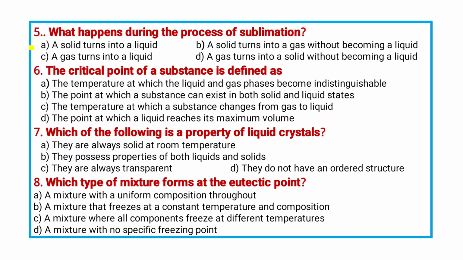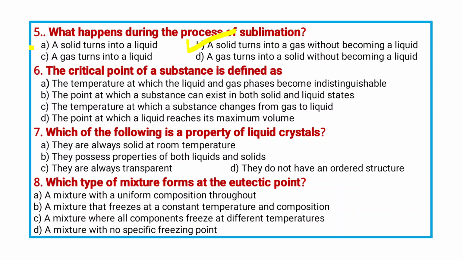So for sublimation, you have to remember that a solid turns into gas without becoming a liquid. Example, camphor: when we heat camphor, it is directly converted into gas without converting to liquid. That is called sublimation.